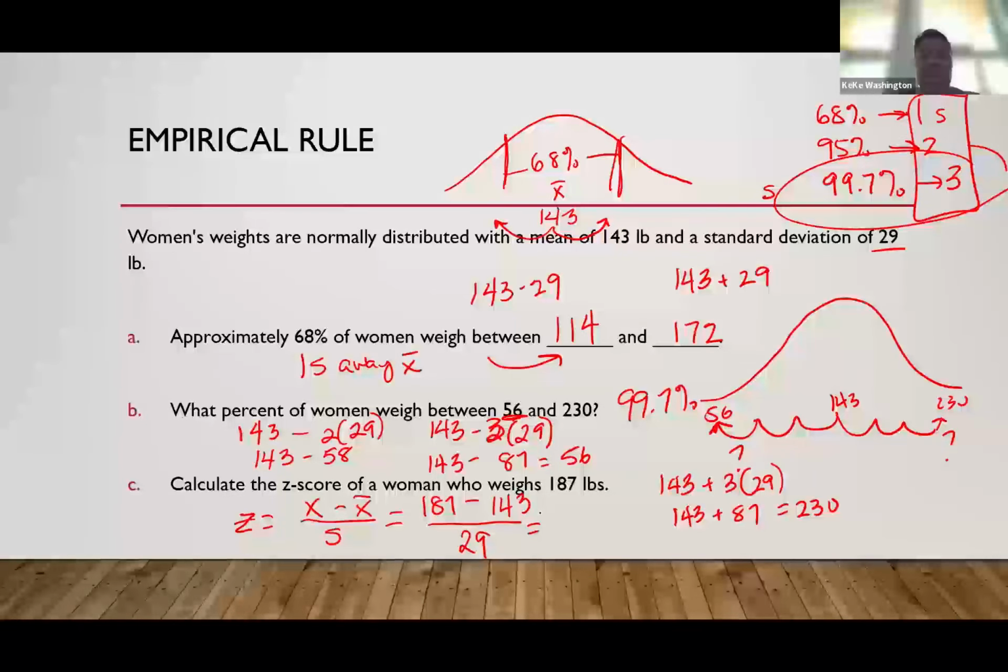We use our calculator, take the numerator and divide by our denominator, and that gives us approximately 1.52. So this woman in particular weighs 1.52 standard deviations above the mean, which would be your average.